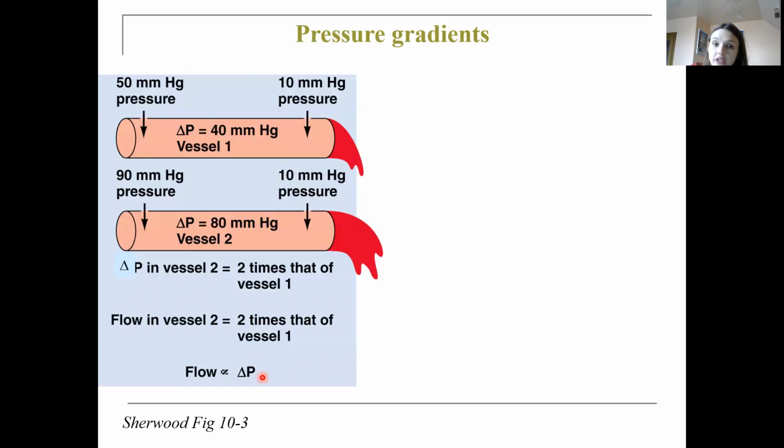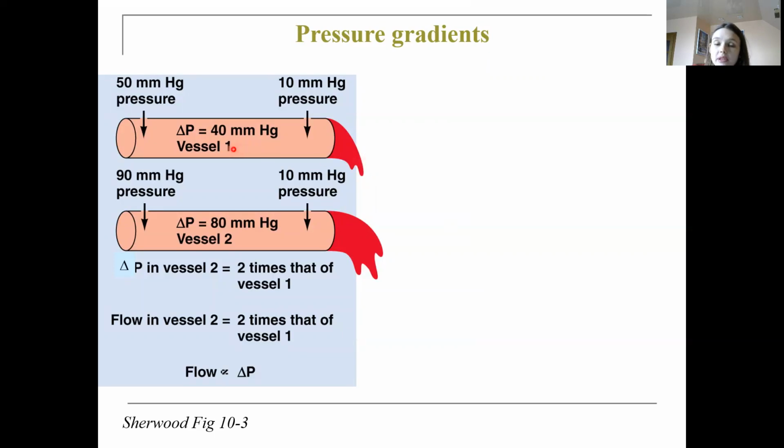So for the pressure gradient, you could see here that at the beginning of vessel 1 the pressure could be about 50 millimeters of mercury, and at the end of the blood vessel the pressure is going to be 10 millimeters of mercury. So the difference in pressure in vessel 1 will be 40 millimeters of mercury.